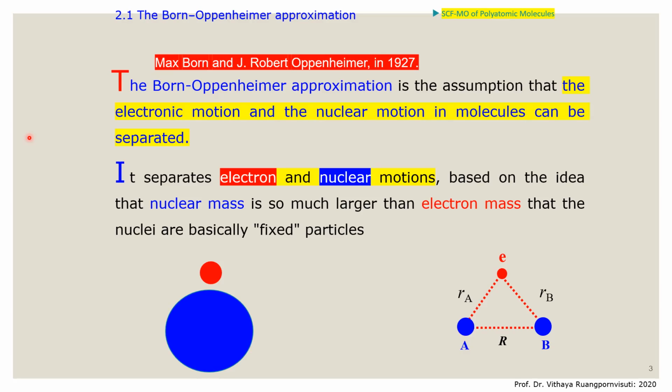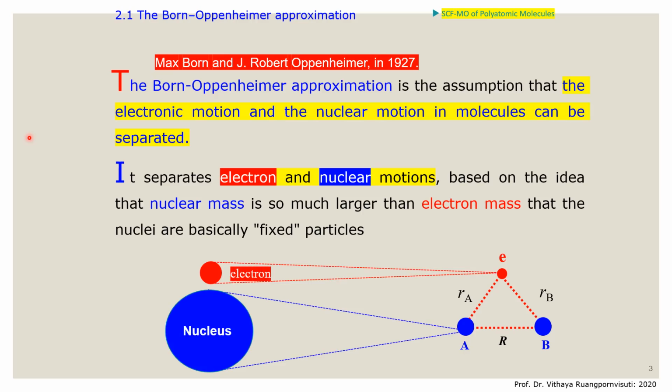It separates electron and nuclear motions based on the idea that nuclear mass is so much larger than electron mass that the nuclei are basically fixed particles. It means that the kinetic energy of the electron is much larger than the kinetic energy of the nucleus.